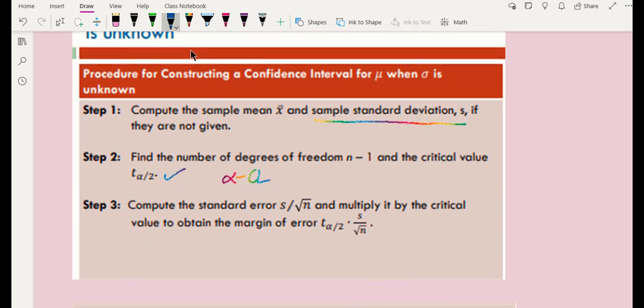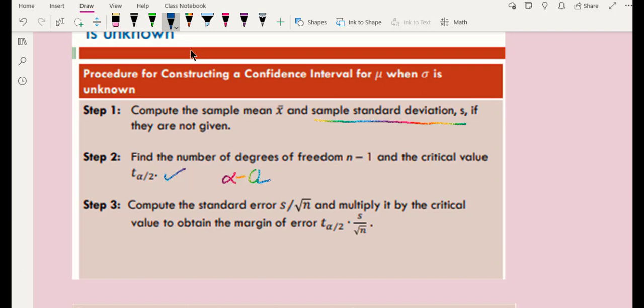Okay, and then we compute the standard error. Standard error is still the same thing, but now we deal with the sample standard deviation divided by the square root of n. And then we multiply the critical value and the standard error to obtain the margin of error.